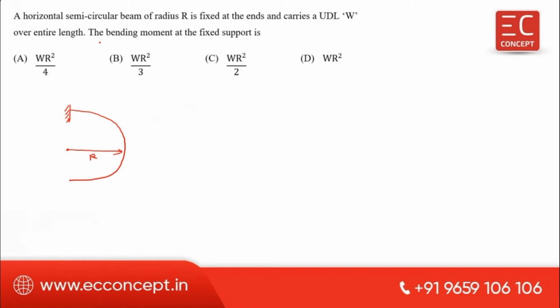A horizontal semicircular beam of radius R fixed at the ends. So both ends are fixed. And it is subjected to a UDL acting throughout the span. And they are asking what is the moment at the ends. So this moment at the ends is the value W R square. You have to keep in your mind. This is the standard value.